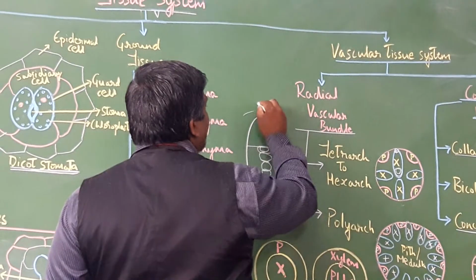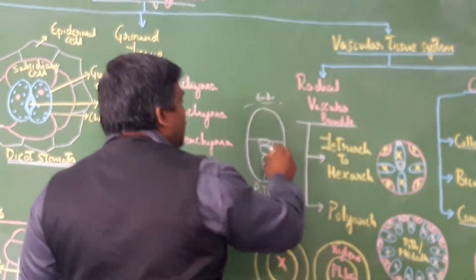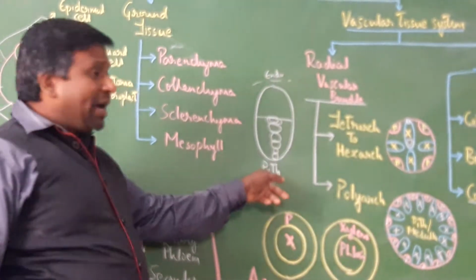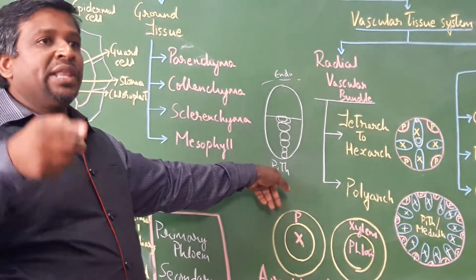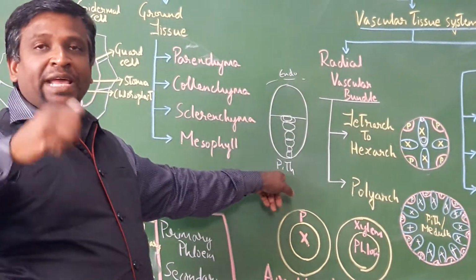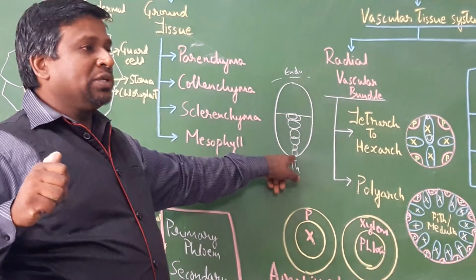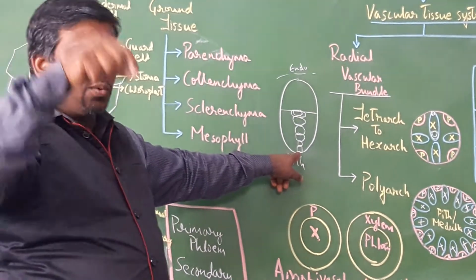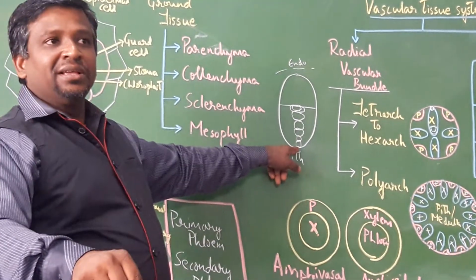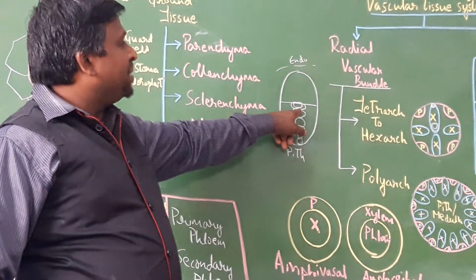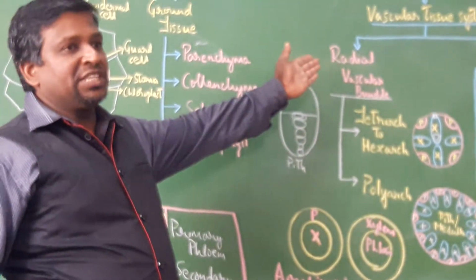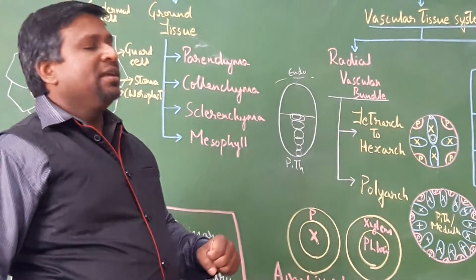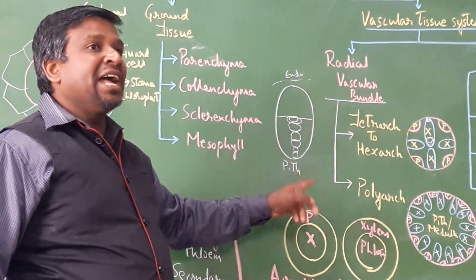This is the endodermis. So protoxylem is towards the pith, or center of the stem. Metaxylem is towards the outside of the stem. This arrangement we call endarch.